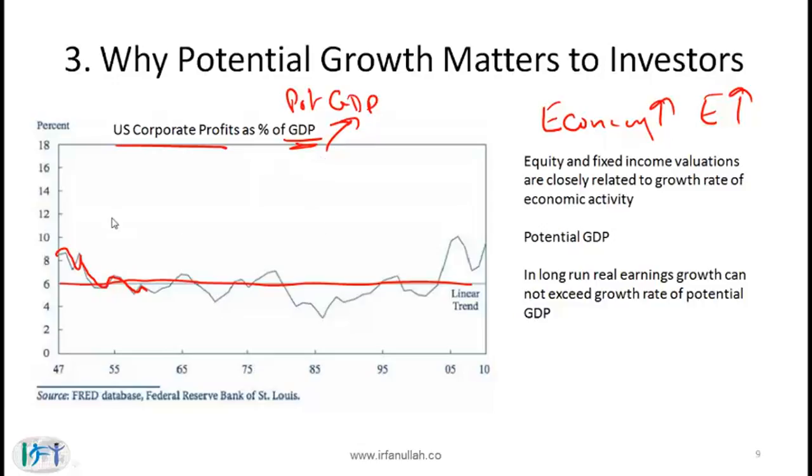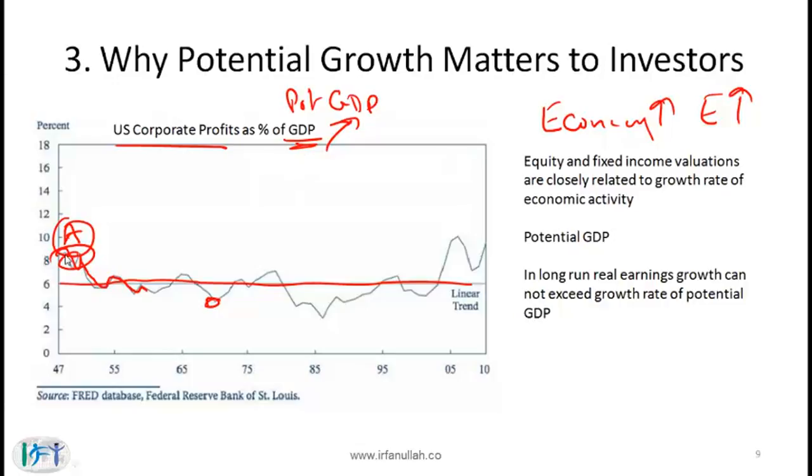There might be times when corporate profits are high relative to that 6% number. There might be times when corporate profits are less than 6% of GDP, but on average we are at 6%. So let's look at this point A over here, where temporarily corporate profits are higher than 6% of GDP. What will happen here? Now remember, GDP is a measure of the output, or it is the total income in an economy.